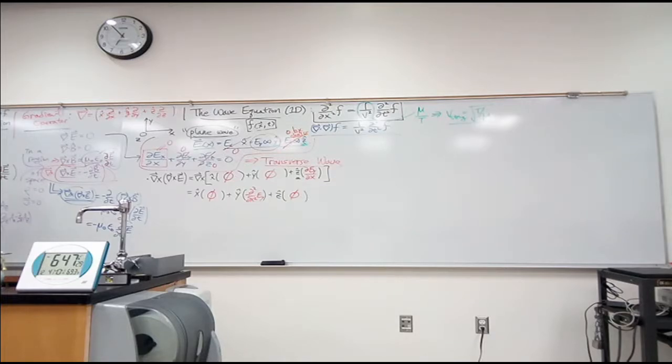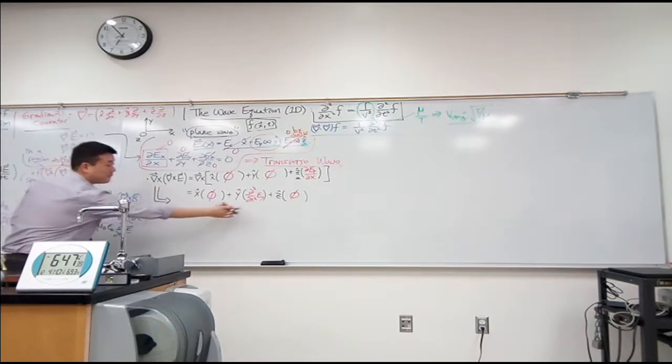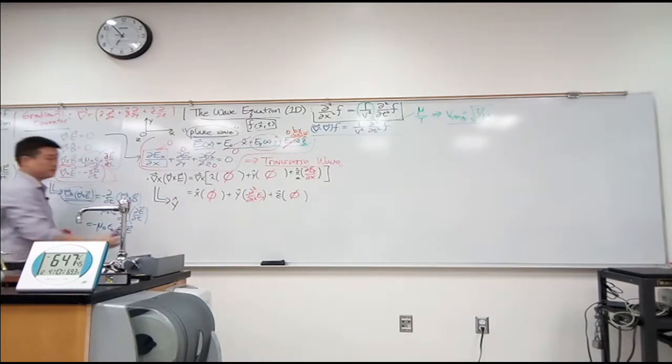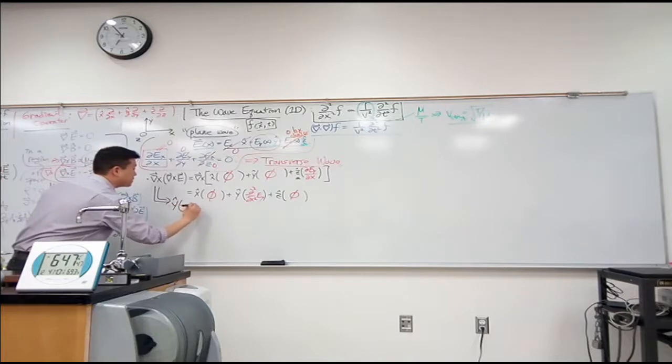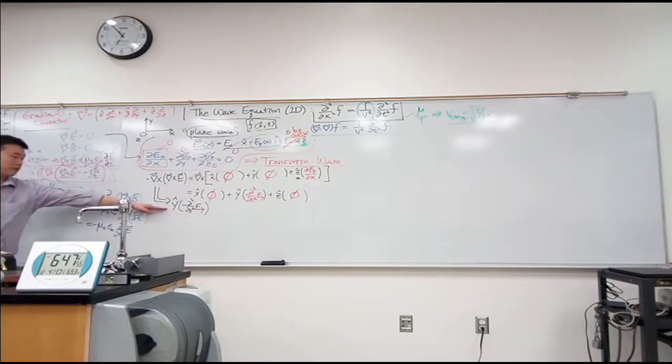With this simplifying, one-dimensional plane wave situation, this left-hand side ends up being minus, in the y hat direction. So it only has a y component, minus the double position derivative of Ey. That's going to equal the right-hand side.